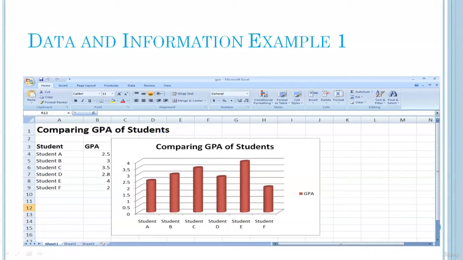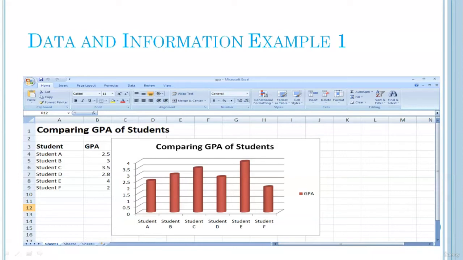Let us now try to understand the difference between data and information with the help of an example. In this example, we are comparing the grade point averages or the GPAs of different students.